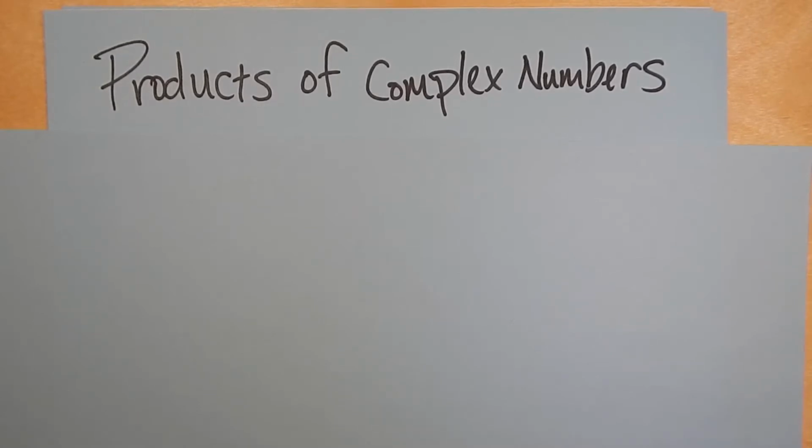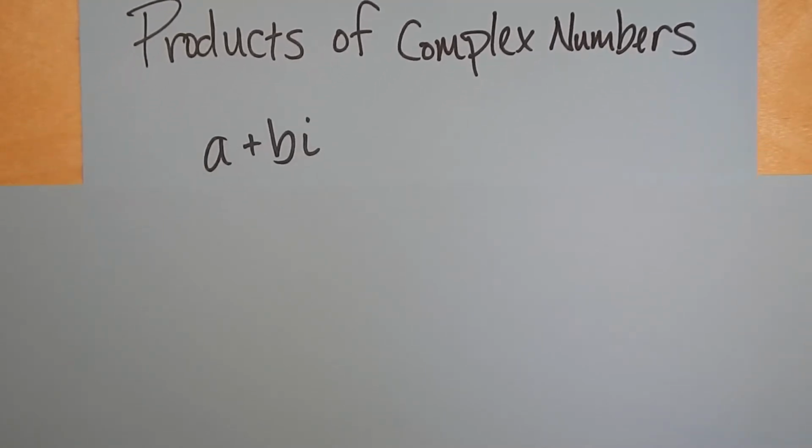So complex numbers are kind of interesting because every number probably that you've ever thought of can be thought of as a complex number. These are in the form a plus bi.